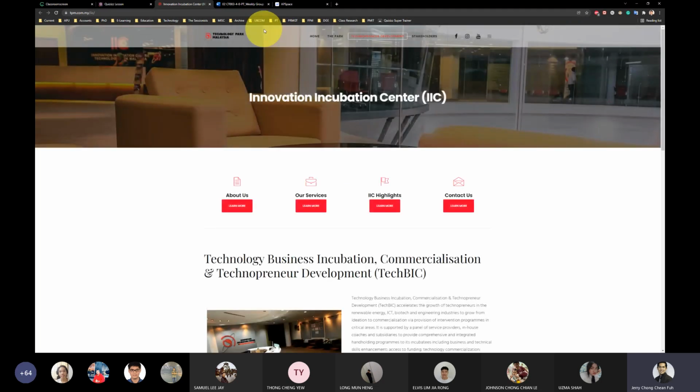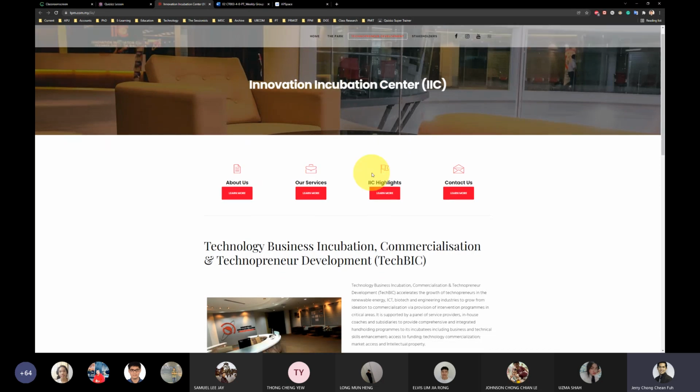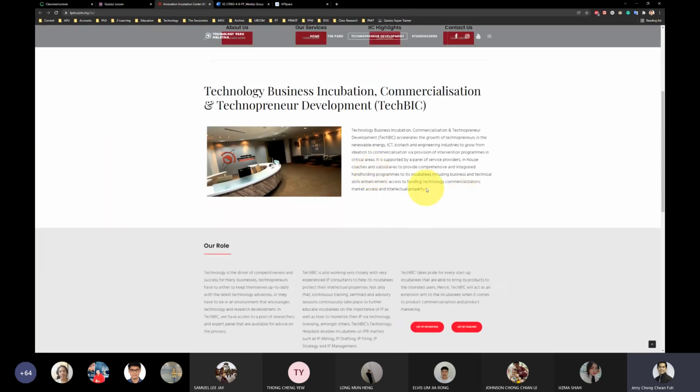Where our university is located is Technology Park Malaysia, and as you can see, Technology Park Malaysia also has its own innovation incubation center. What it does overall is provide support to businesses, as highlighted here: comprehensive and integrated hand-holding programs.